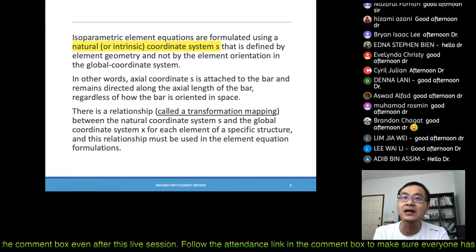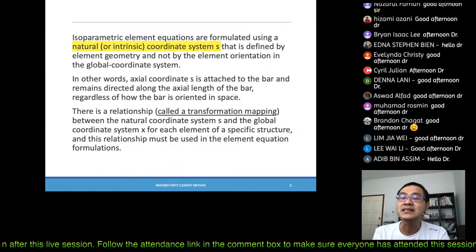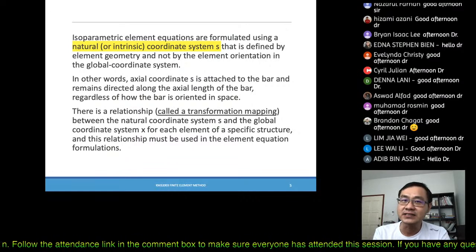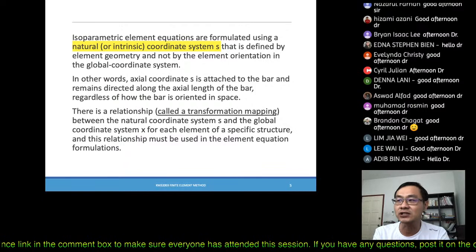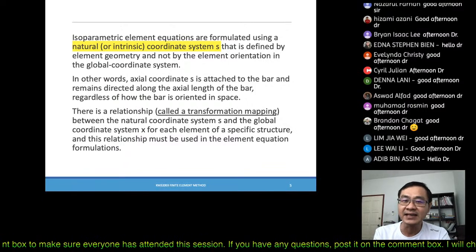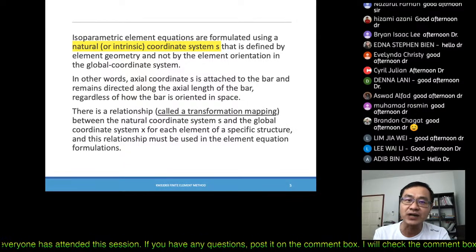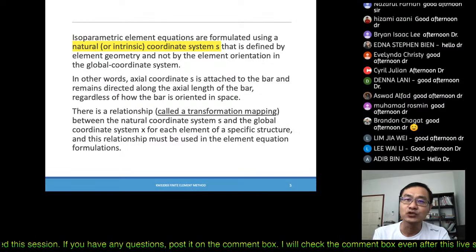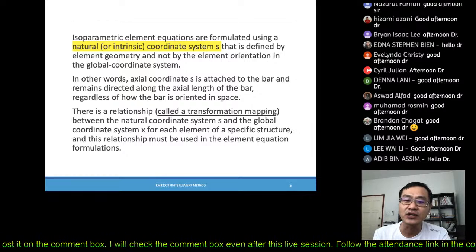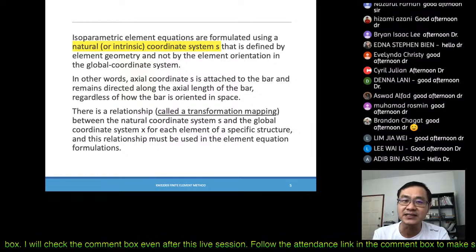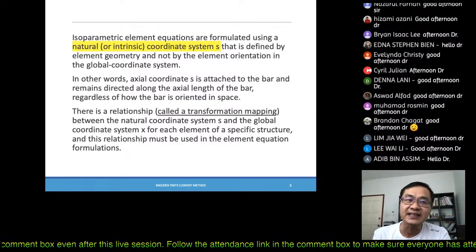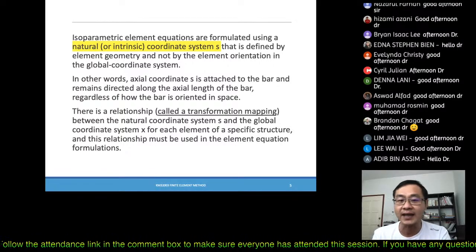In that sense, when we attach this kind of natural coordinate system, it is much easier to describe or obtain the shape functions based on it, instead of identifying the exact global coordinate system, which is the XY, right?